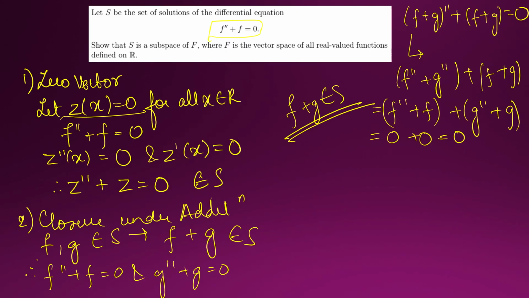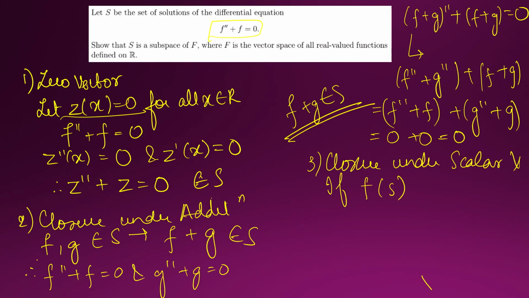Next, closure under scalar multiplication. So here we are saying if f belongs to S, then cf will also belong to S. So f double dash plus f equal to 0.